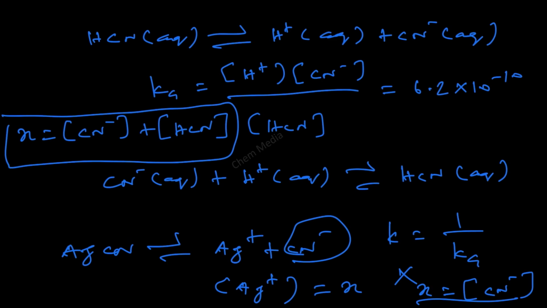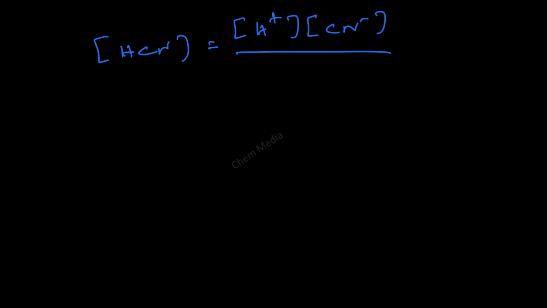So therefore, let us use the Ka expression to relate CN minus and HCN, which means concentration of HCN is equal to H plus ion concentration times CN minus divided by Ka, and we know that pH is equal to 3. We also know that pH is equal to negative logarithm of H plus ion concentration.